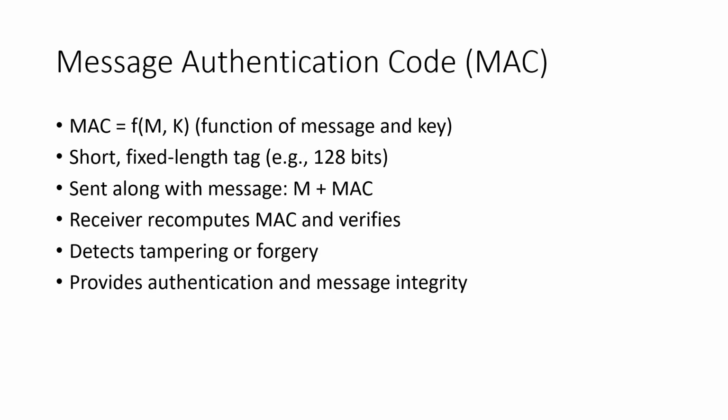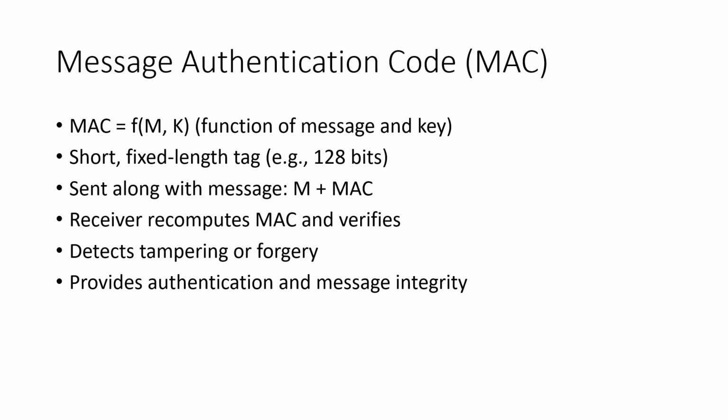The message authentication code or MAC is a standard cryptographic technique used for verifying the authenticity of a message. It works as follows. The sender and receiver share a secret key K. When the sender wants to transmit a message M, they compute a tag, the MAC, by passing M and K through a secure cryptographic function. This tag is usually a fixed length output like 128 or 256 bits, regardless of how big the M is. The message is sent without encryption, but the MAC is attached.